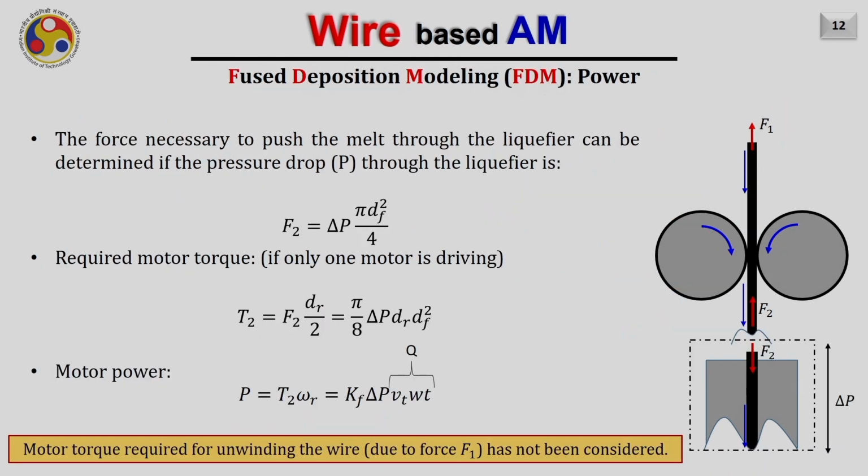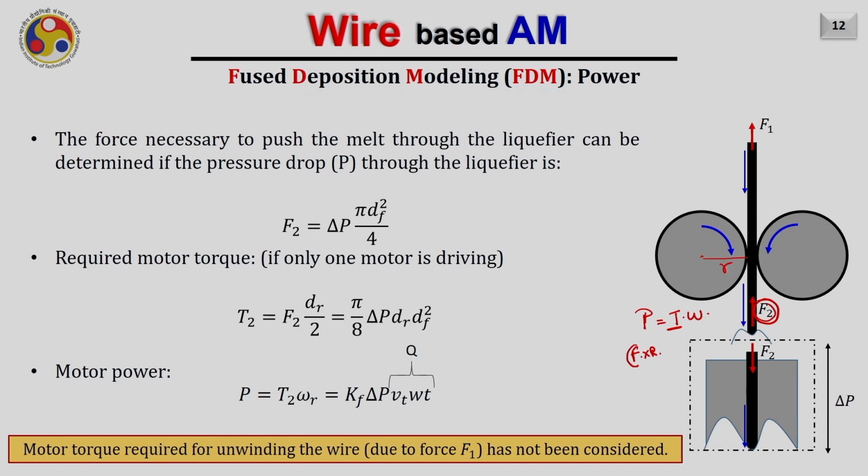Now, let us discuss the force required to push the wire into the liquefier. It is important to calculate the value of F2, because if you want to select the appropriate motor for feeding the wire into the liquefier, we need to calculate the power. And we know that power is nothing but the torque into omega, and torque will be calculated by the force into radius. Force acting, maybe this F2, into this radius r.